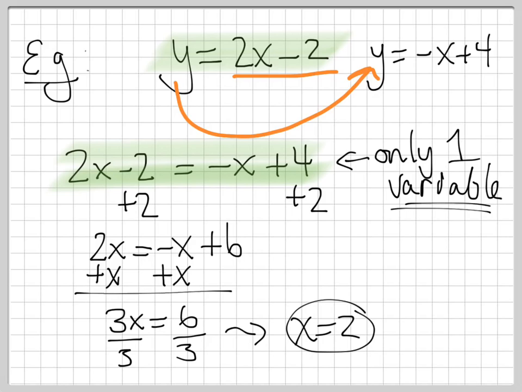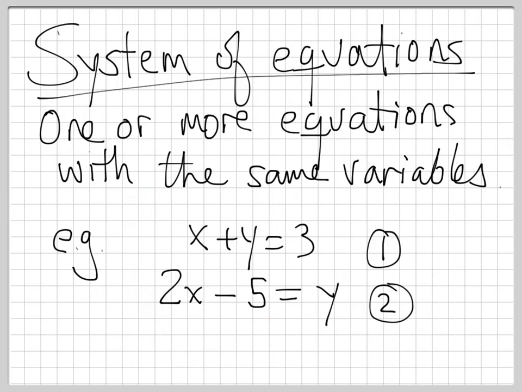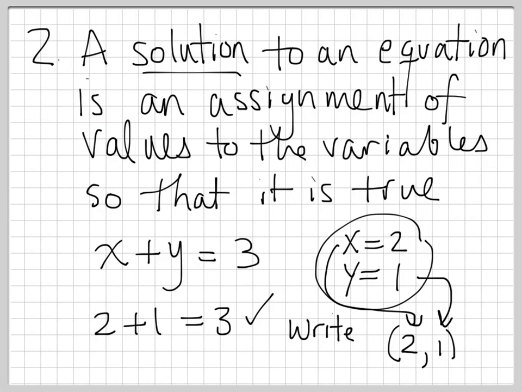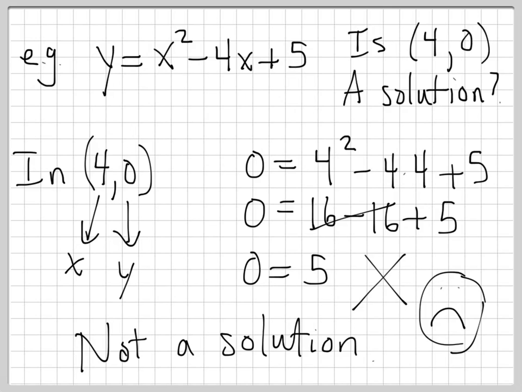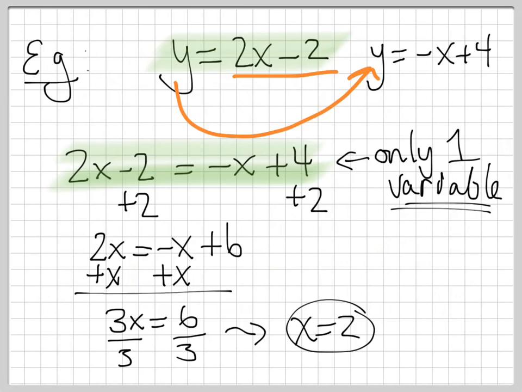Now, we're not done. Remember, when we're talking about a solution, it's an assignment of values to all of the variables. Let me go ahead and add that word up here. All of the variables need something so that we're true. And we only found a solution for x. So to figure out what y has to be, we just plug x into one of our two equations.